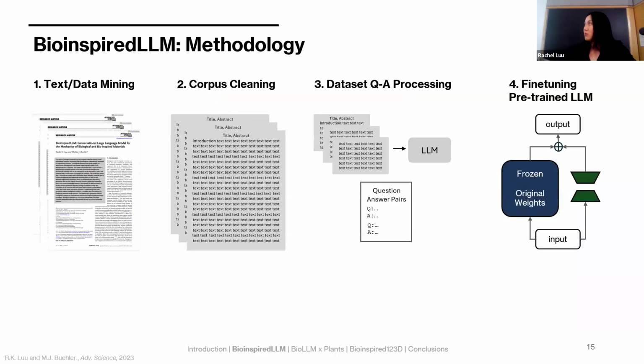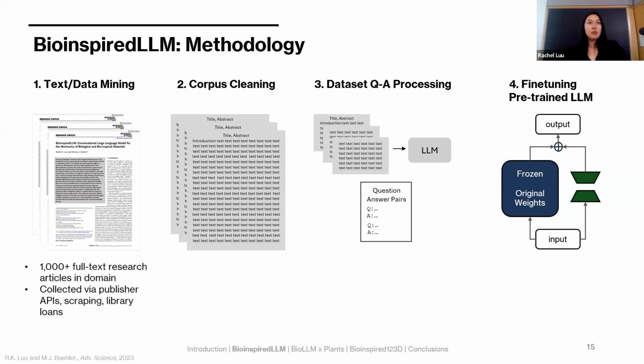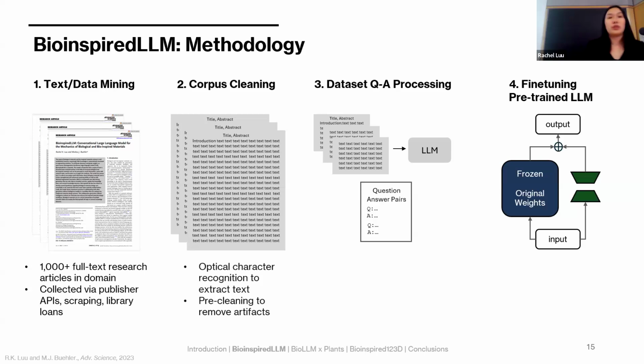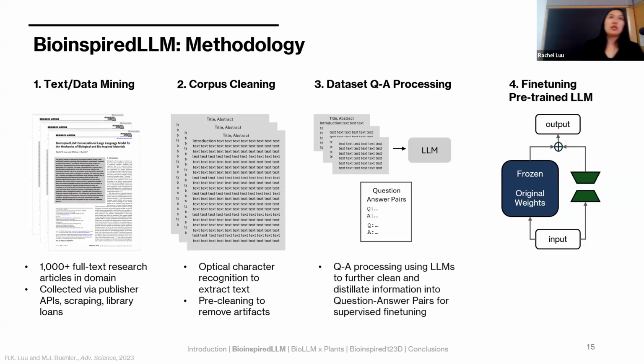What this process looked like to develop, the first step is obviously obtaining that legacy literature. So doing text data mining, extracting over 1,000 full text research articles, collected using various means. From there, we do optical character recognition to extract all the text from those articles and to pre-clean any artifacts. And then after that, we introduced the step that we call Q&A processing.